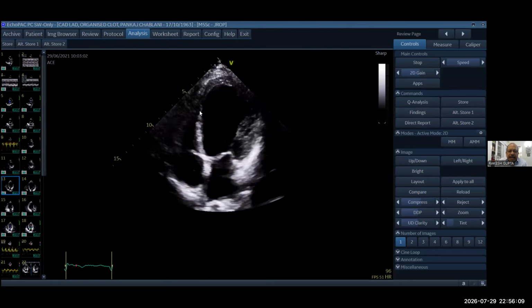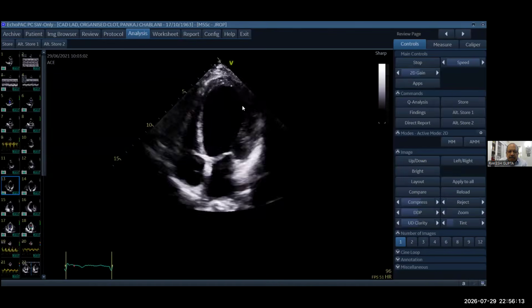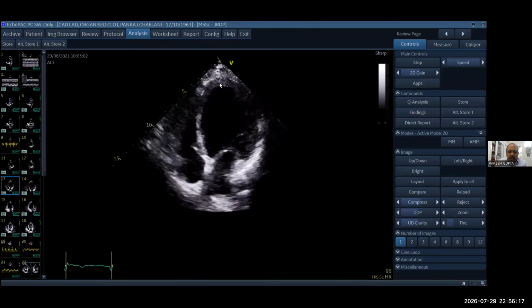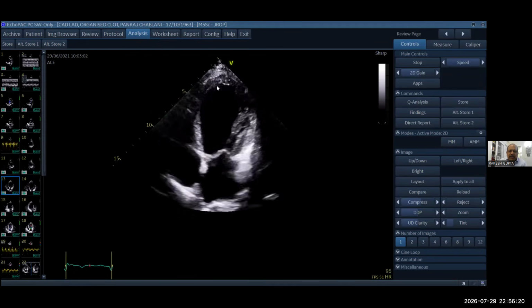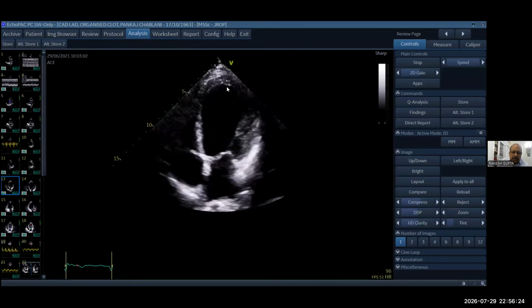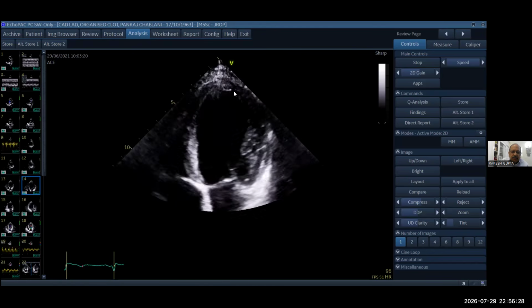This is an akinetic apex. There's no doubt about it. Look, till this point, it's contracting. This apical septum, apical lateral wall along with the apex is akinetic. And there's an organized thrombus here.